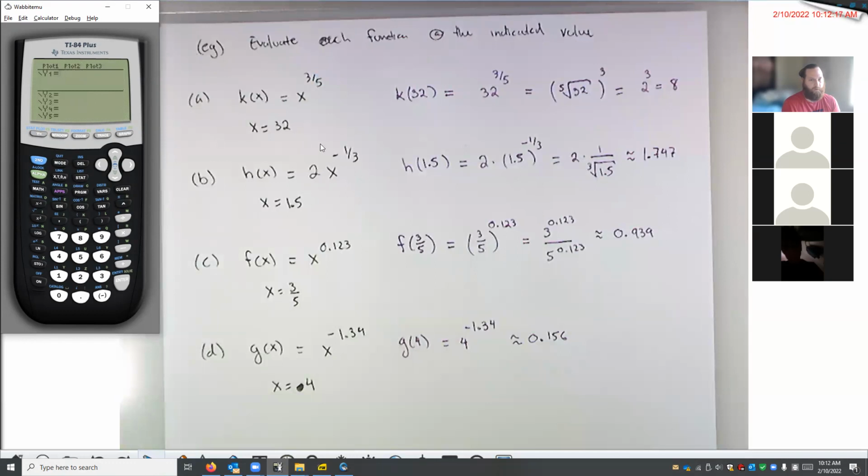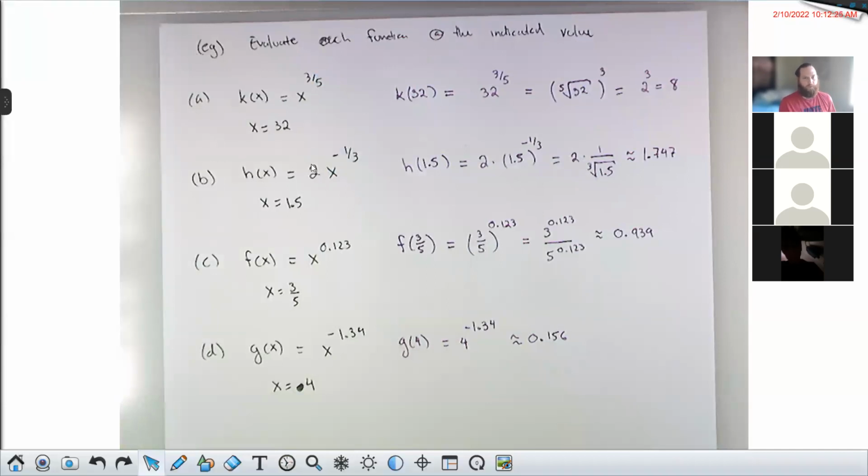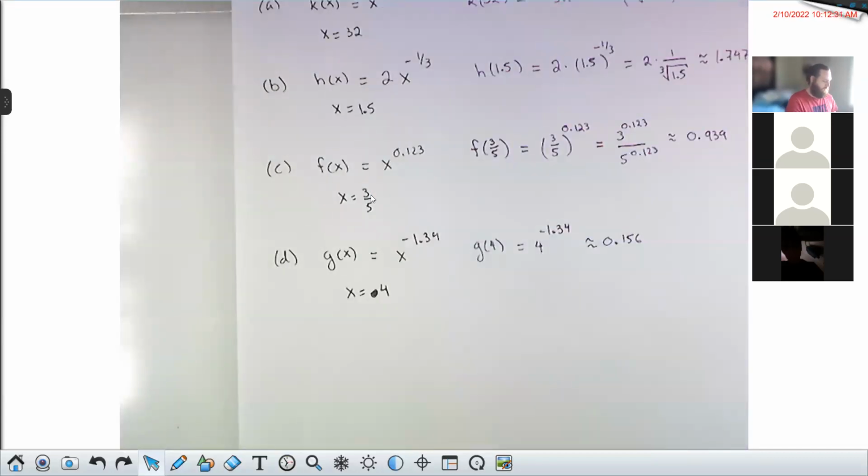Let's take a look at the graph of this guy. What do we expect here? Based on the power and the constant, which one of these graph shapes do I expect to see?